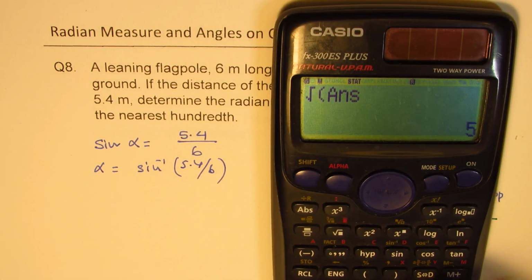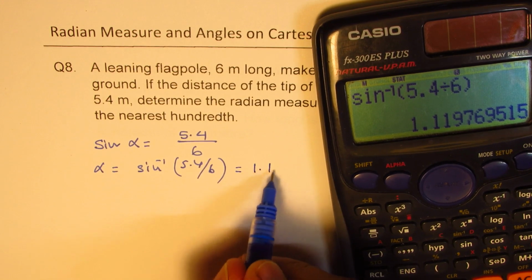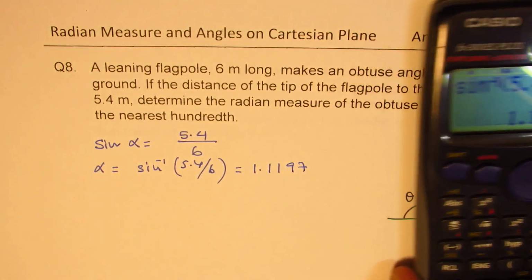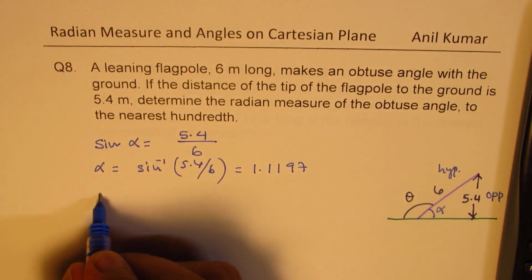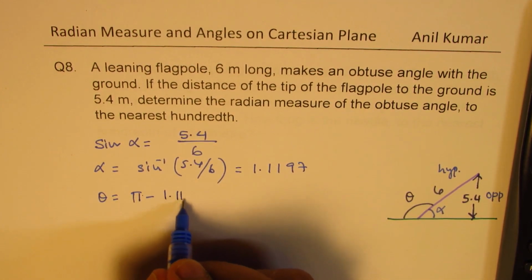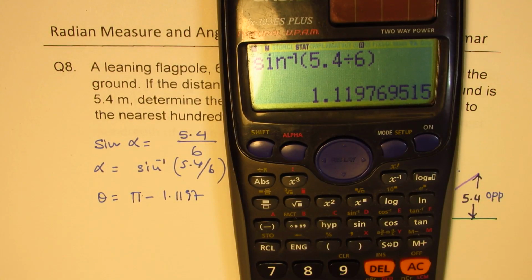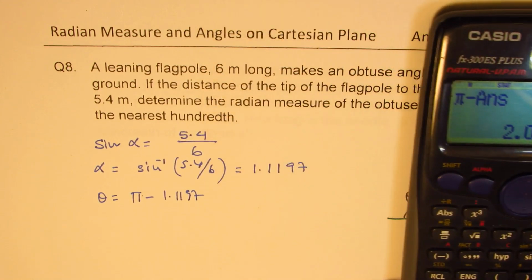So we have shift sine inverse 5.4 divided by 6, which gives us a value of alpha as 1.1197, okay? The value of theta, which we are looking for, is pi minus 1.1197. So let's take away this value from pi. So pi minus our answer gives us 2.021.